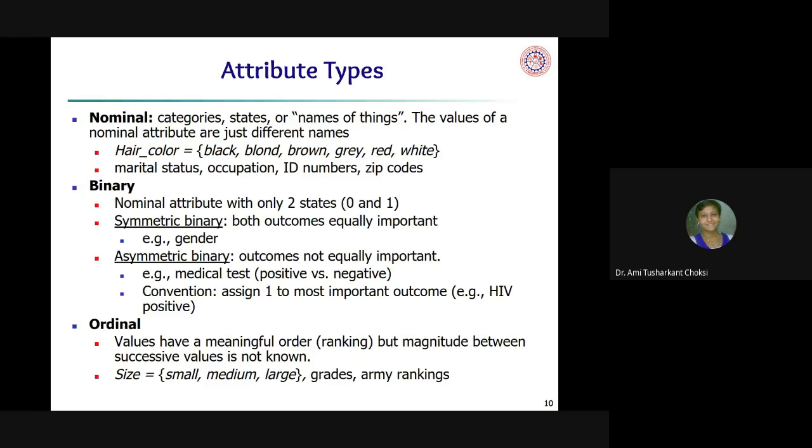But do we know the magnitude difference between them? Can I say that small is 1, medium is 2, large is 3? Can we say what the value difference is? No, we cannot say. Fine. So that is ordinal, where a meaningful order is there, but the value difference is not known, right?